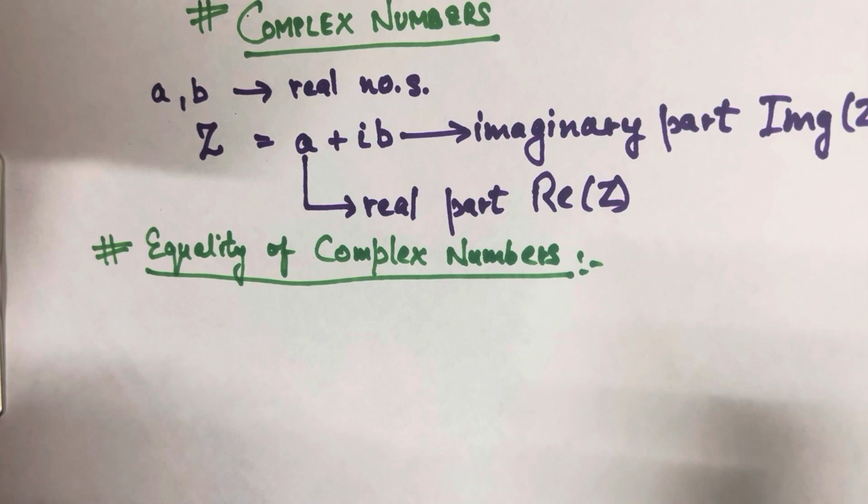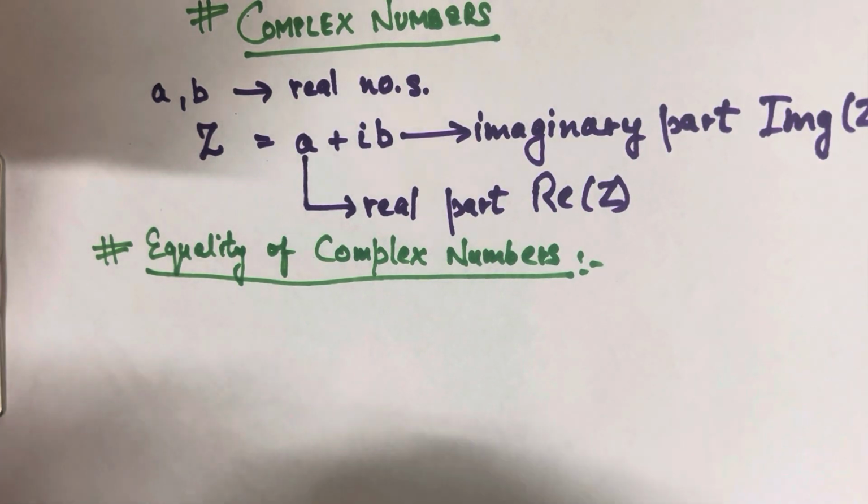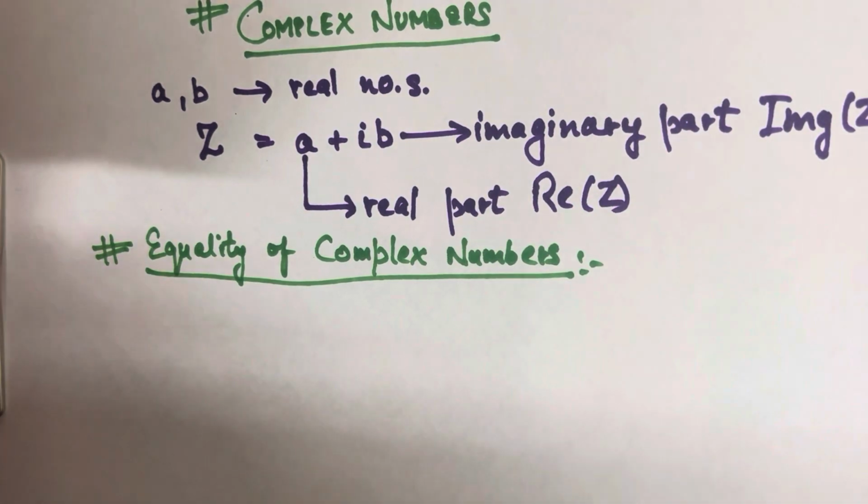If there are two complex numbers z1 and z2, then what do we mean by the equality of these two complex numbers? Two complex numbers are equal if their real and imaginary parts are equal respectively.